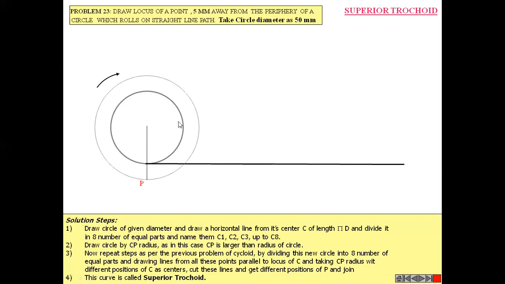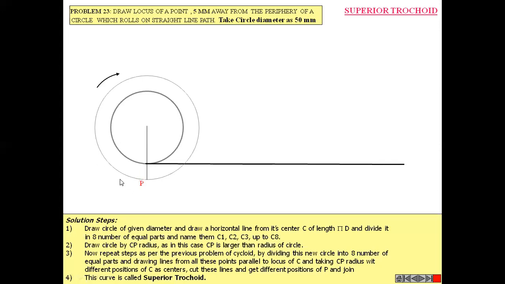So up to this circle, we have learned the process in the cycloid, but here this point P is not on the circumference of this circle but outside of it at a 5 mm distance.